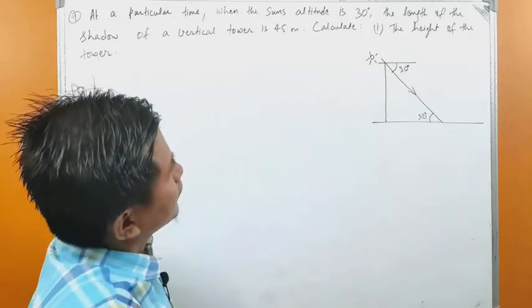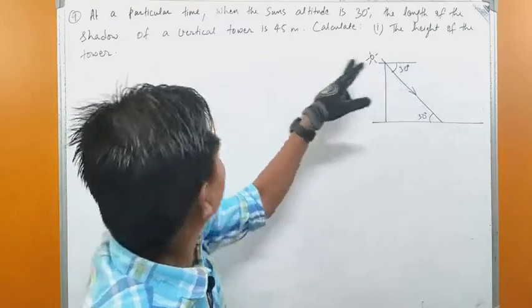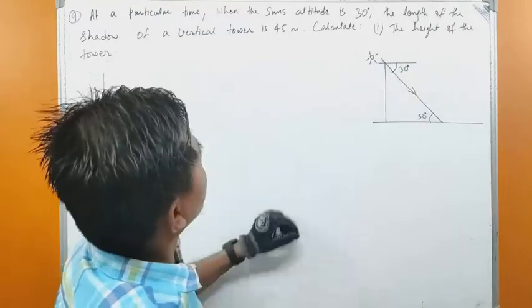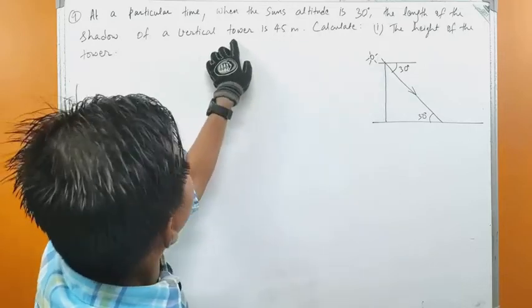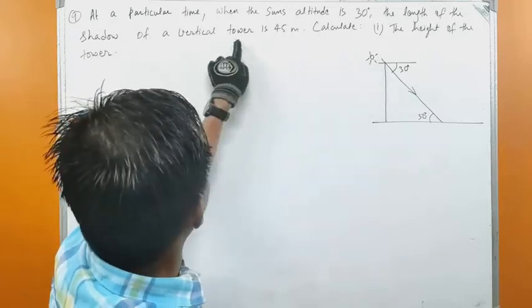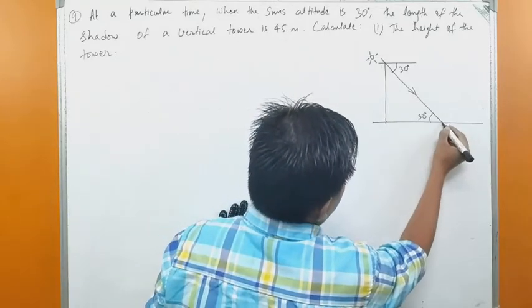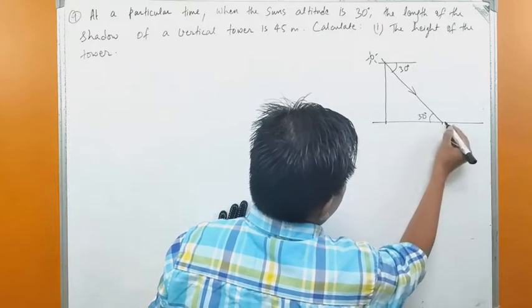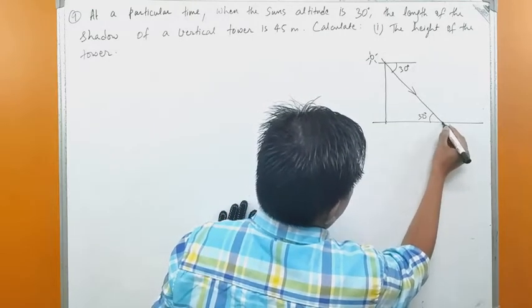So when the sun's altitude is 30 degree, we are asked to find the height of the tower, and the length of the shadow of the vertical tower is 45 meter. So this is the length of the shadow, isn't it? From this point to this point. This is the foot of the tower, and to this point.